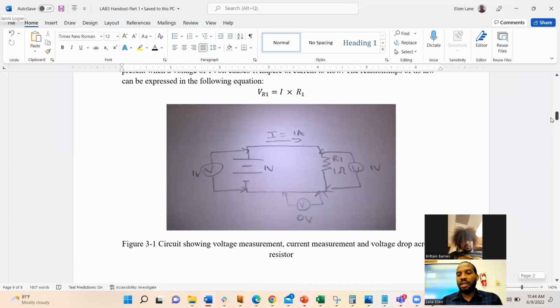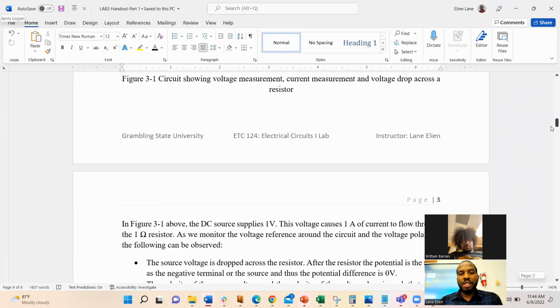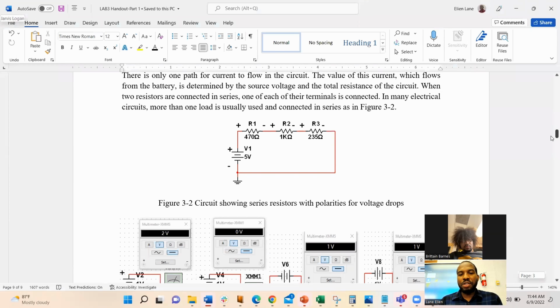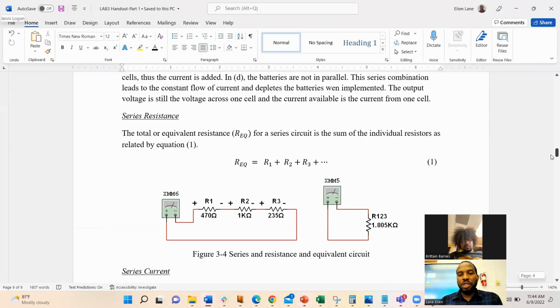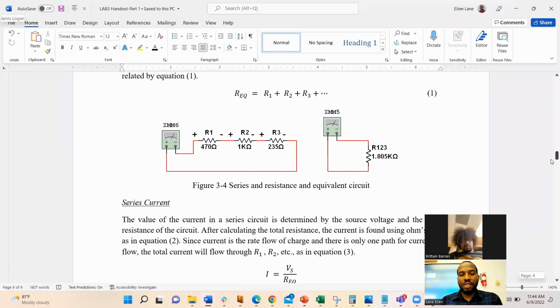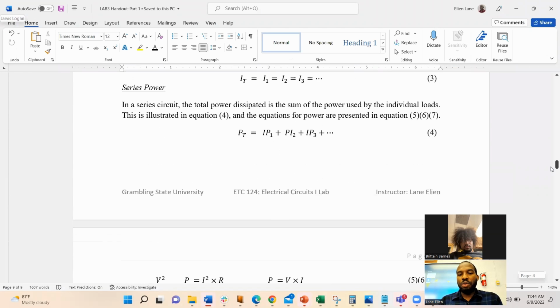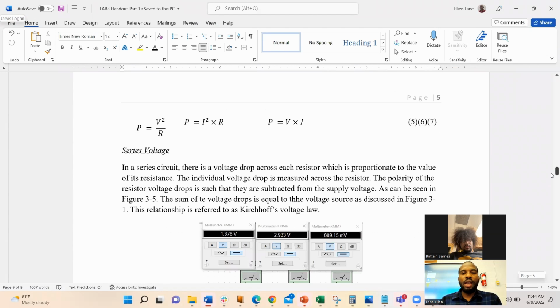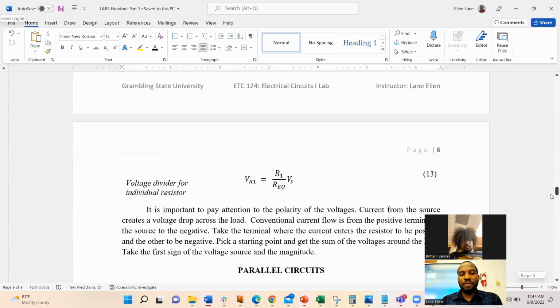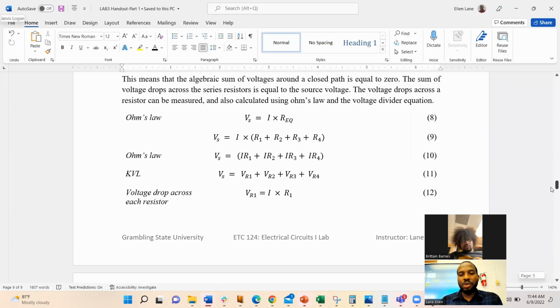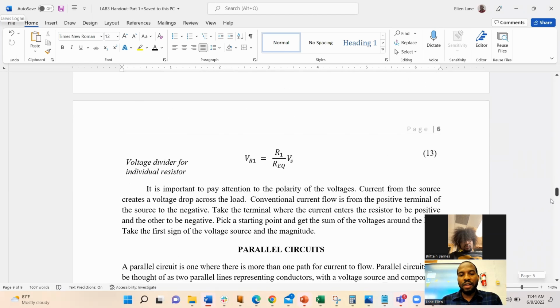Now the theory essentially gives you information about Ohm's law, information about series circuits so that you can identify them. Also information about how you get the resistance in series circuits, how you calculate the power in series circuits, what Kirchhoff's voltage law is, and all the equations that you need to solve a series circuit are presented there.